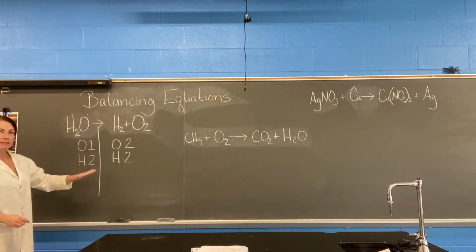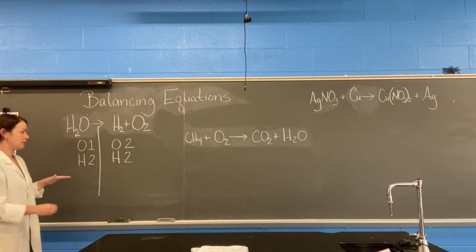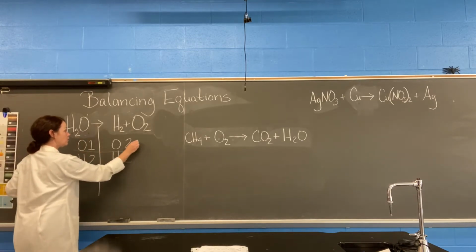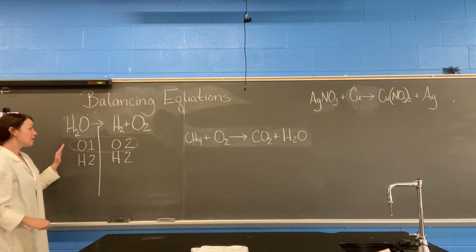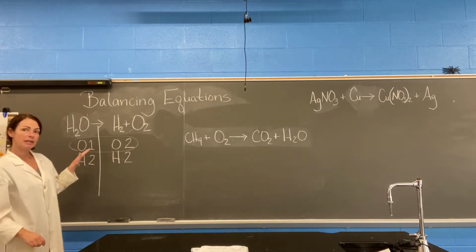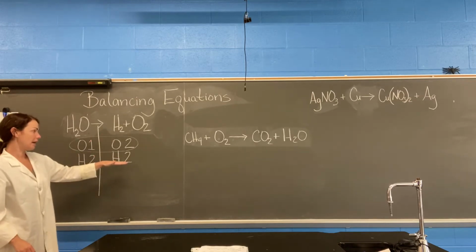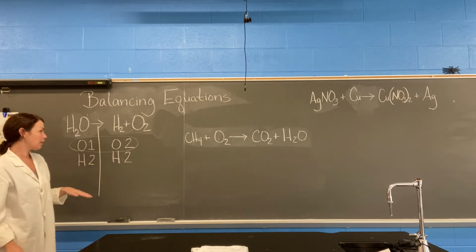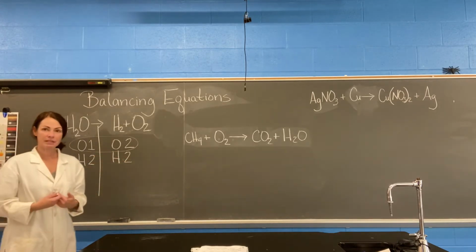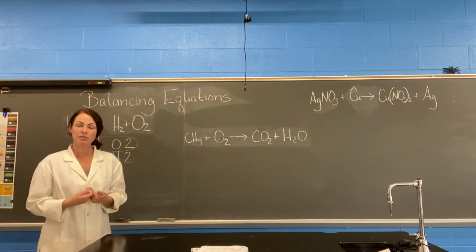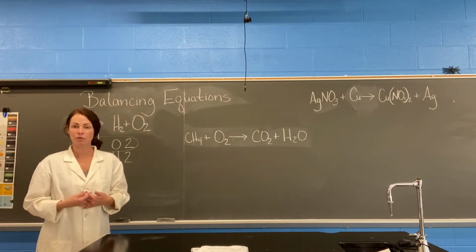So in this case, this is an unbalanced equation. We have a problem right here. This is telling us that in the process of a chemical reaction, we gained an atom of oxygen, and that's not possible. But we can fix that. In order to fix that, the only thing that you can do is change the coefficient.